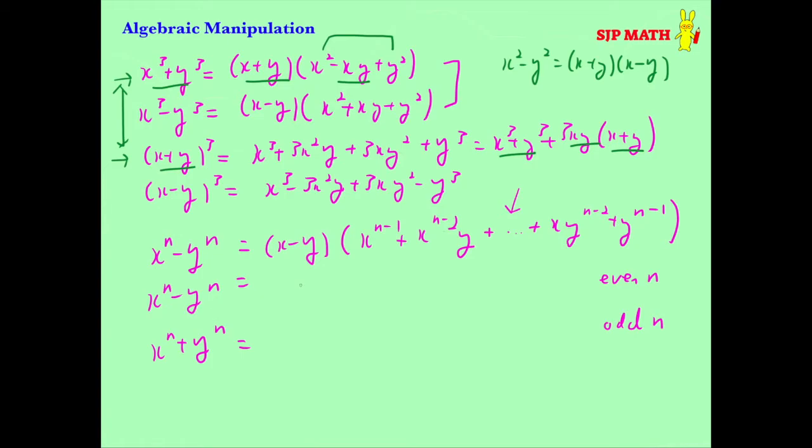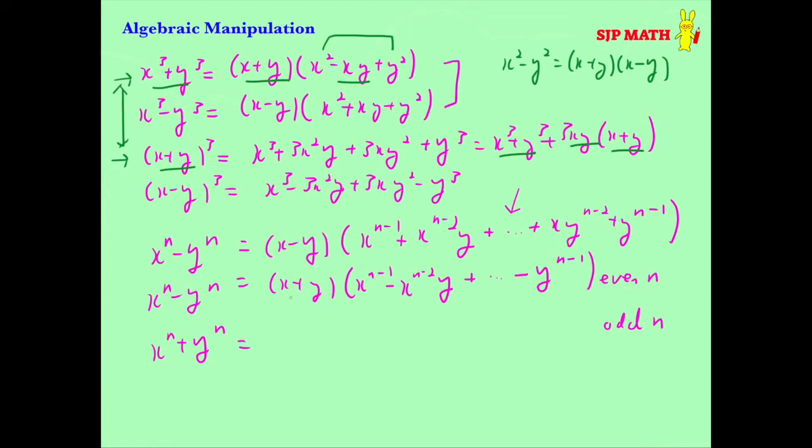And then for even n, this becomes, again, I'm going to write fewer of the terms, the same as the first one, except that it's x plus y. And here, the minuses and pluses are alternating, with the plus at the beginning for x to the n minus 1. x to the n minus y to the n is always equal to this, but if n is even, then we can also write it like this. So it depends on our choice.